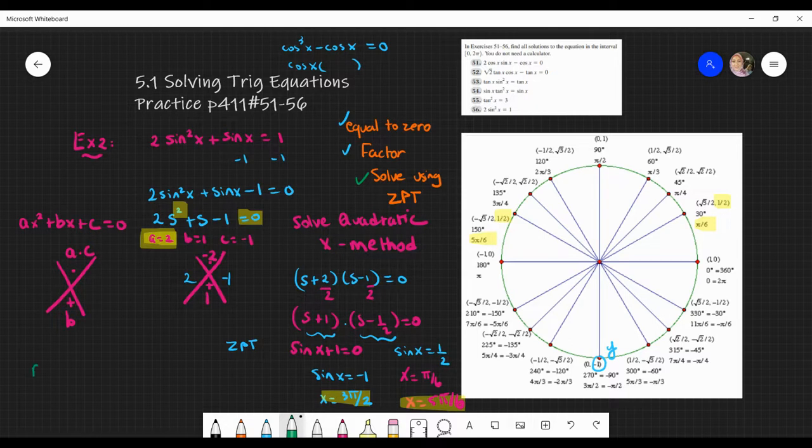Usually restrictions come with either a fraction, a square root, a log.